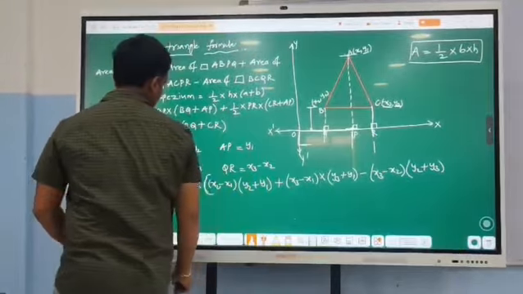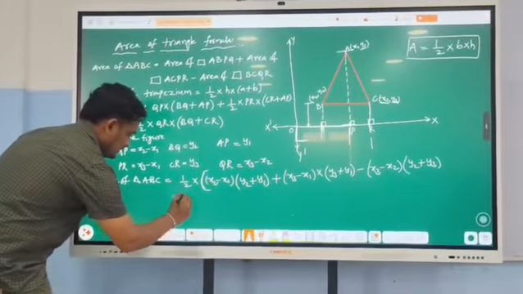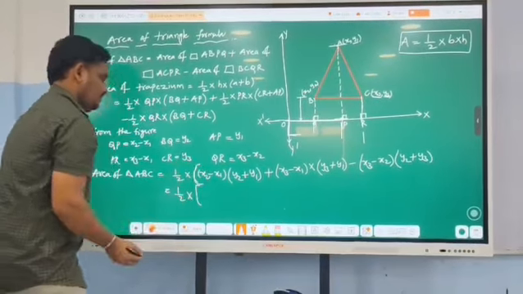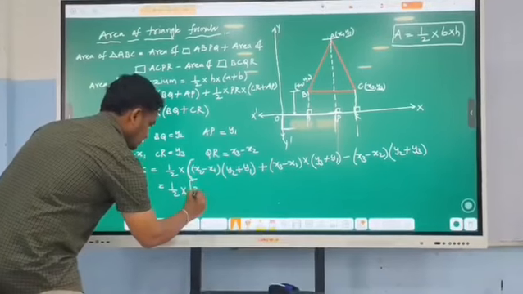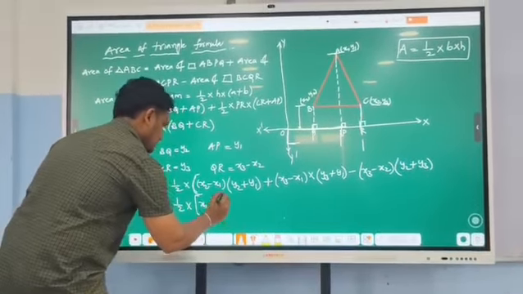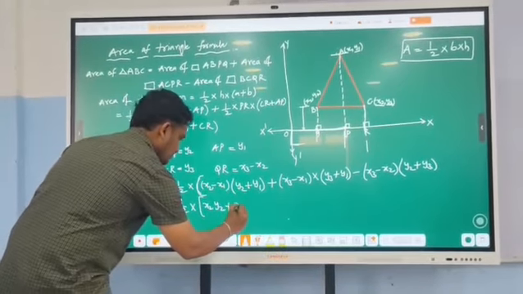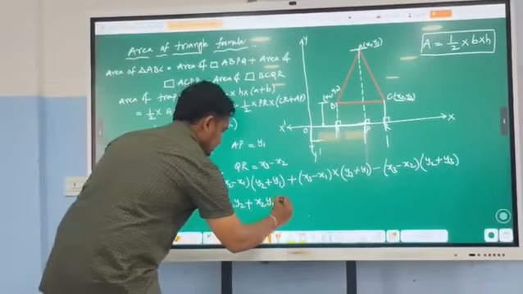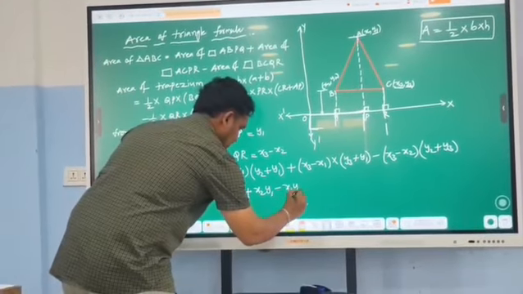So now we have to multiply all the terms. That is 1 by 2 into, you multiply x2 into y2, x2 y2, plus x2 into y1, x2 y1, minus x1 into y2, x1 y2.